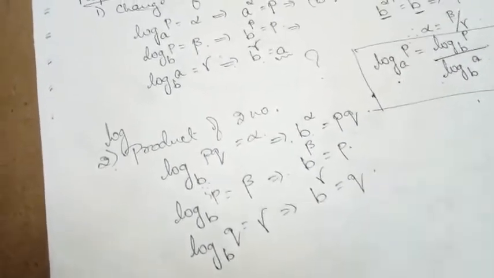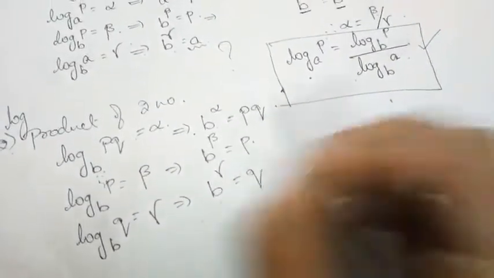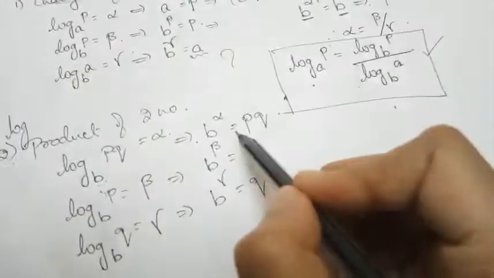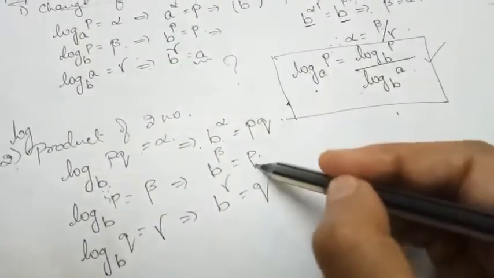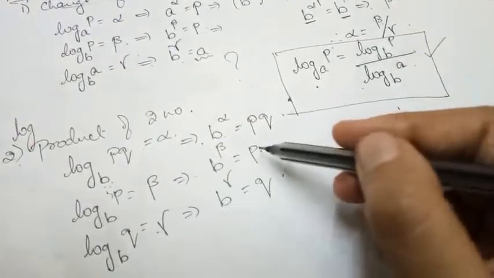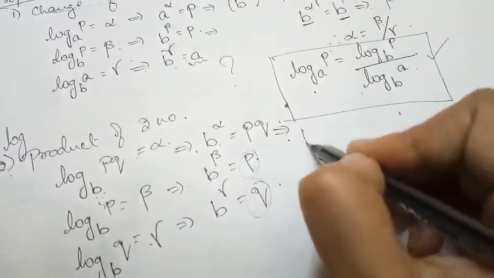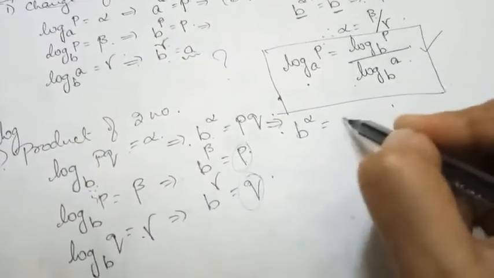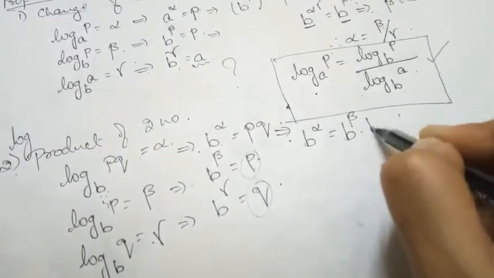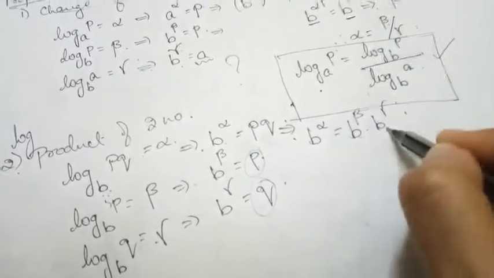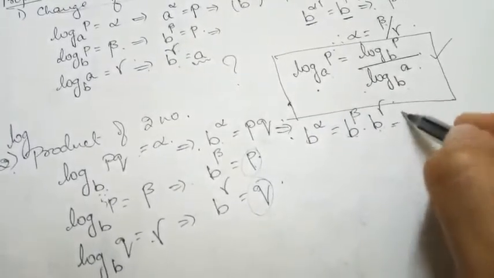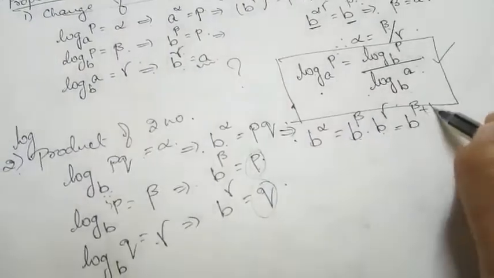B to the power beta is equal to p and b to the power gamma is equal to q. So clearly, look at the first thing, that is b to the power alpha is equal to p into q. From these two things we came to know the values of p and q. Substitute those here. So b to the power alpha is equal to b to the power beta into b to the power gamma. Since bases are the same, we can add the powers, that is b to the power beta plus gamma.